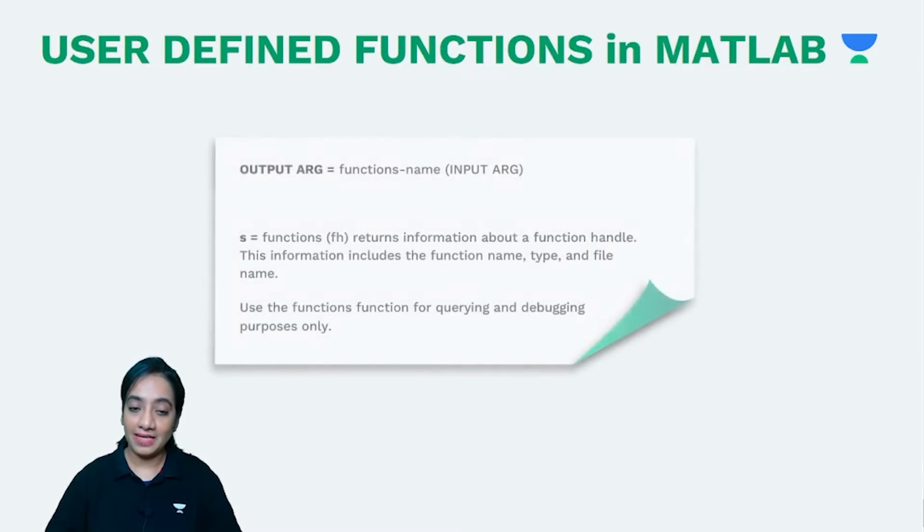User-defined functions in Matlab have some particular syntax. You have to define the output argument, the function name, and the input arguments on which you're going to perform some computation. S here is represented as the function handle. You can call your whole function with a particular name that is known as function handle, and here S is specified.